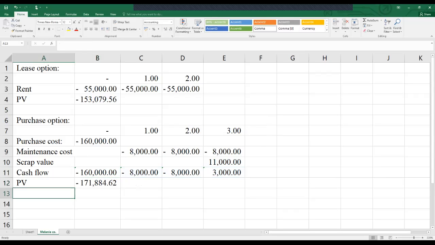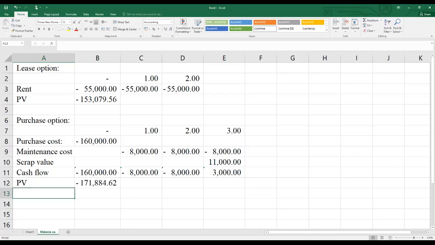Question: the scrap value of 11,000, should you use 11 or 40? Oh, is it 40? No, it's just 11,000 there. Why would you want to use 40? The second paragraph. Oh, have I mixed them up? Okay, I've seen.